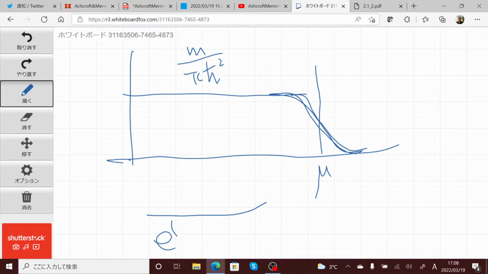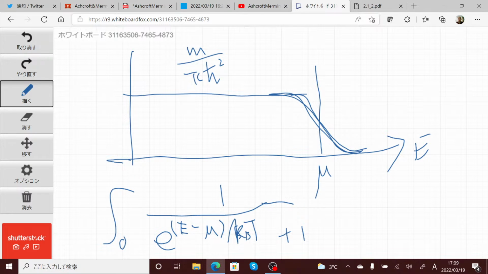Exponential, let's call this e, E minus mu divided by kbt, plus 1.